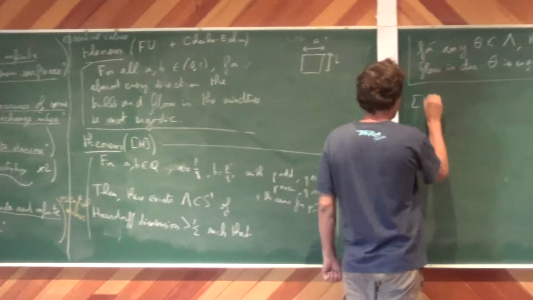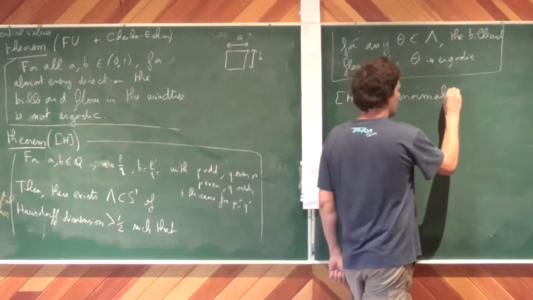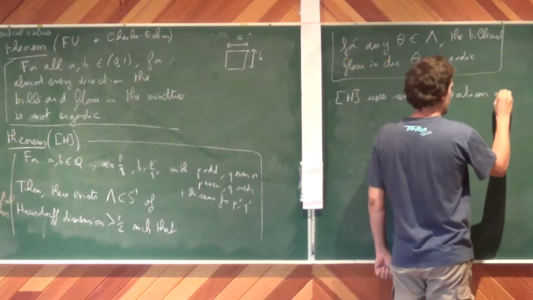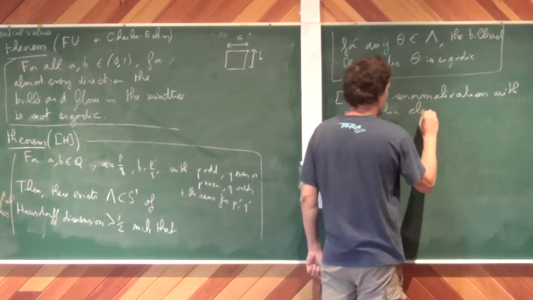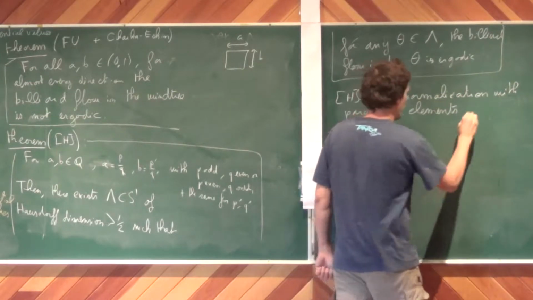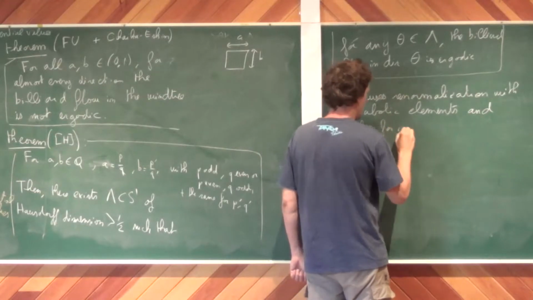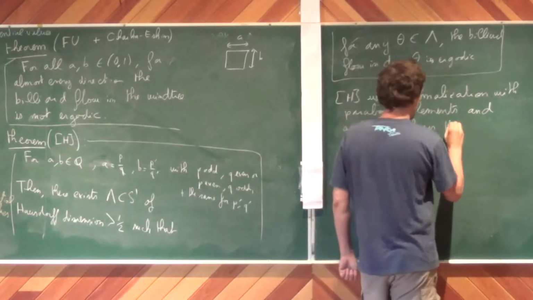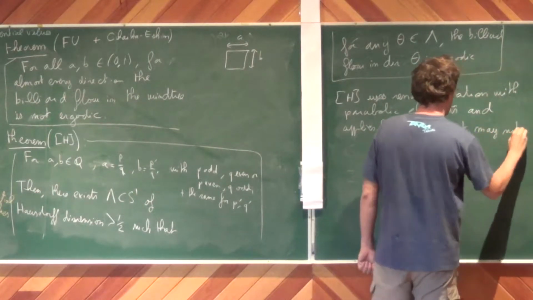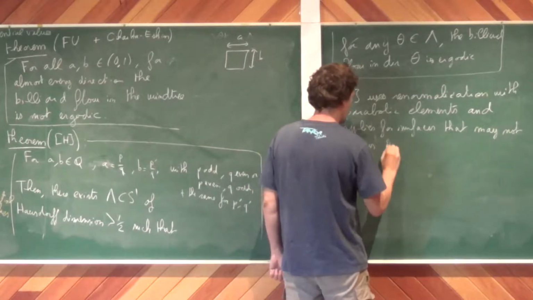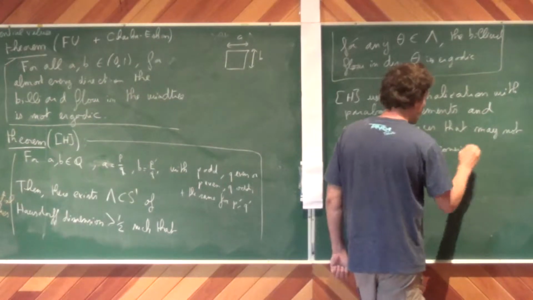So Hooper uses renormalization with parabolic elements, and applies for surfaces that may not come from a covering of a compact surface.